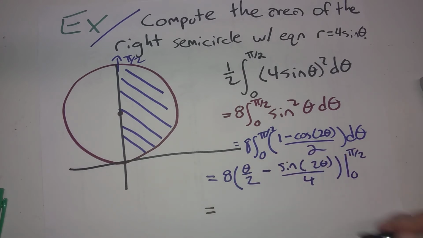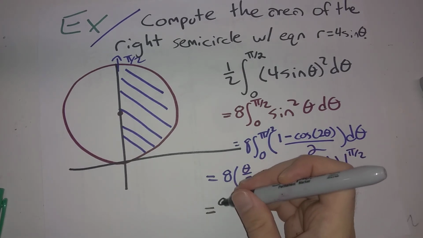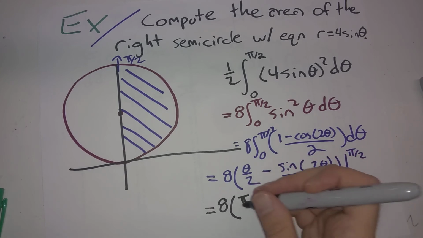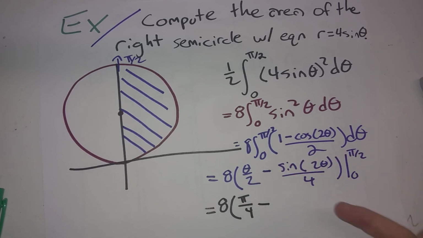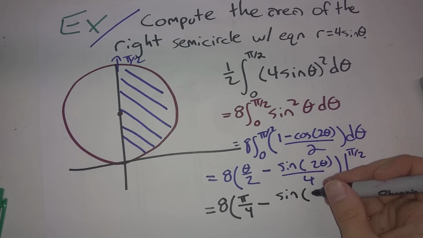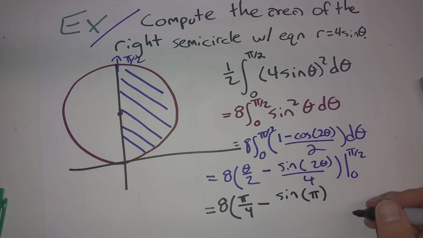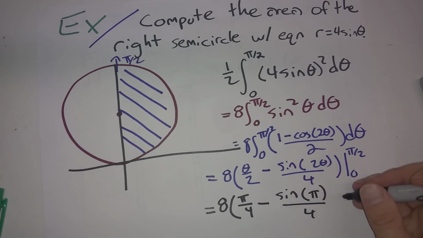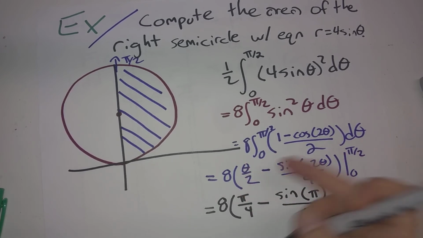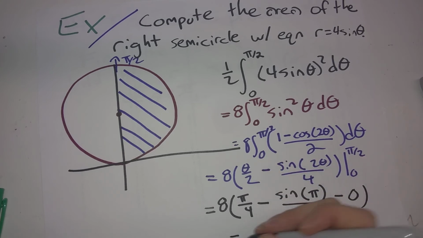And we are left with 8 times pi over 2 divided by 2, which is pi over 4, minus sine of 2 times pi over 2, which is sine of pi, divided by 4. And then when we plug in 0 into both of those, we get 0. And this simplifies down to 2 pi.